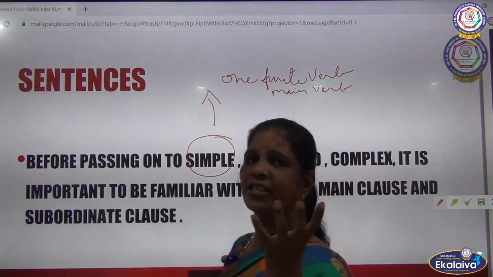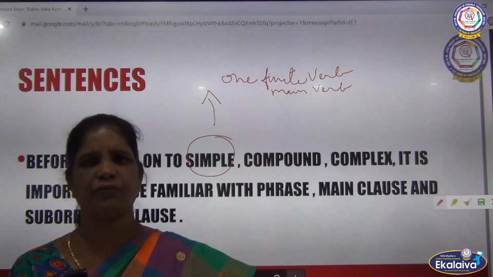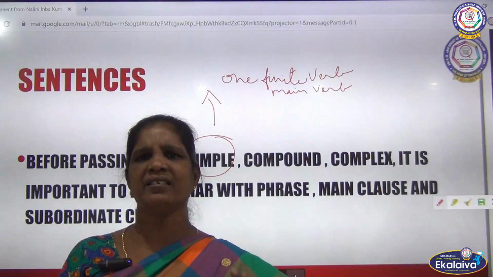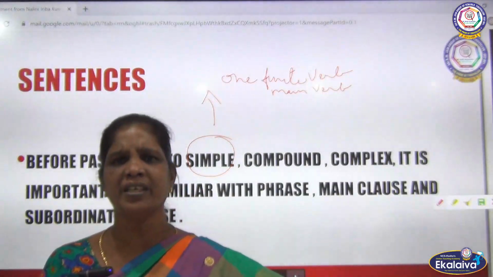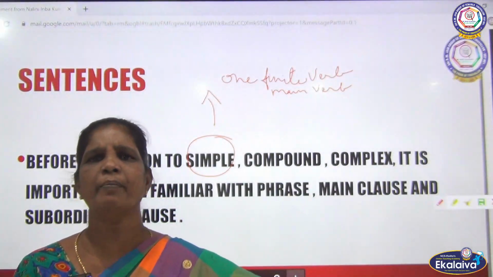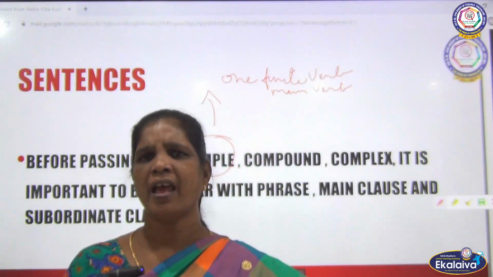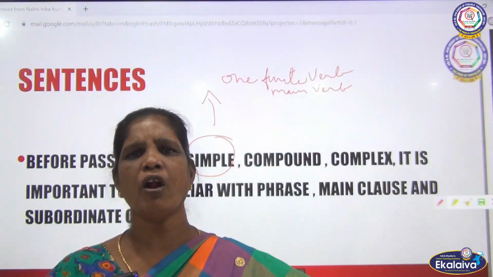You must know what is a finite verb and what is a non-finite verb. Finite verbs or main verbs like sit, stand, eat, run, play, all come under finite verb, the main verb. And non-finite verbs are gerunds, participles, and infinitives. These are called non-finite verbs.